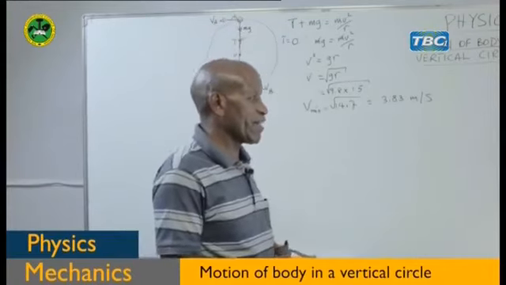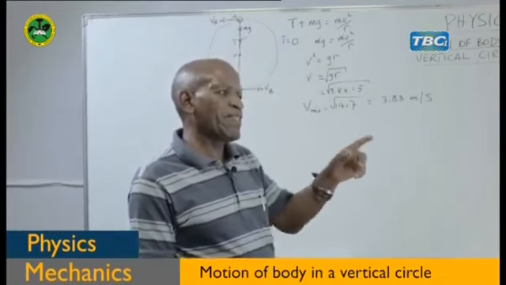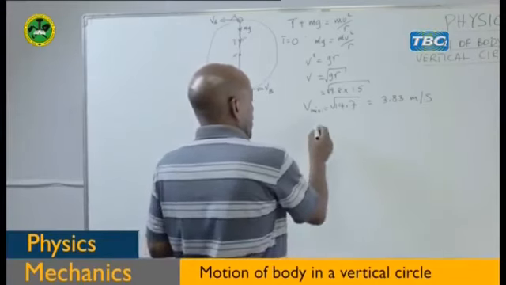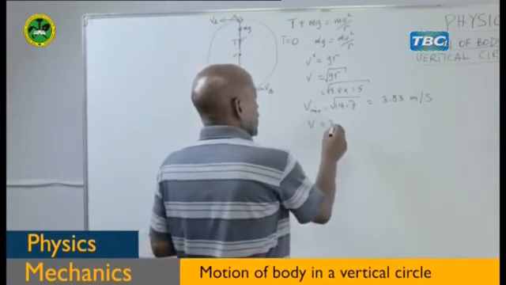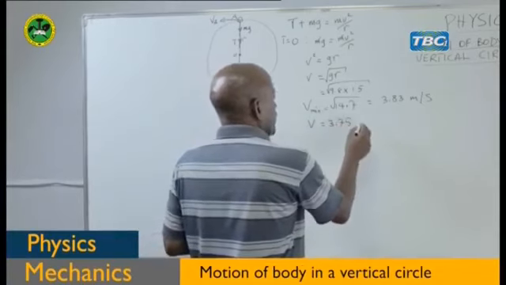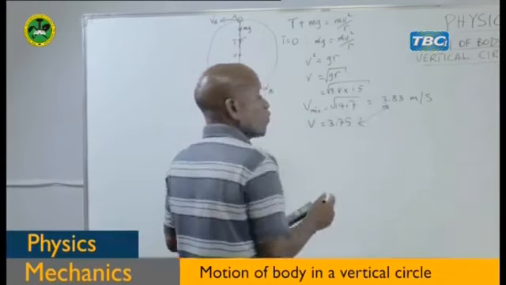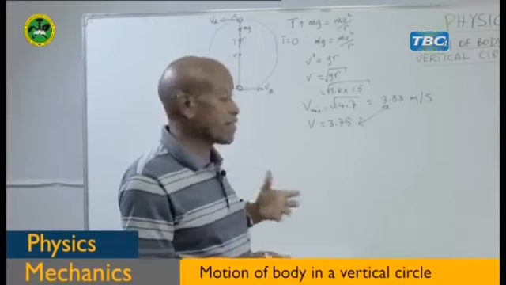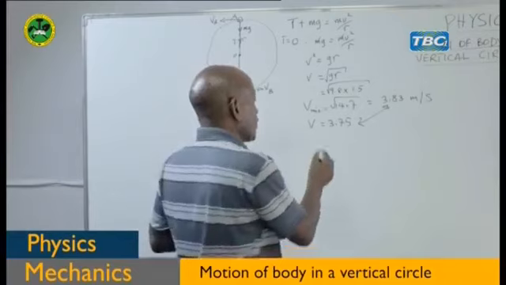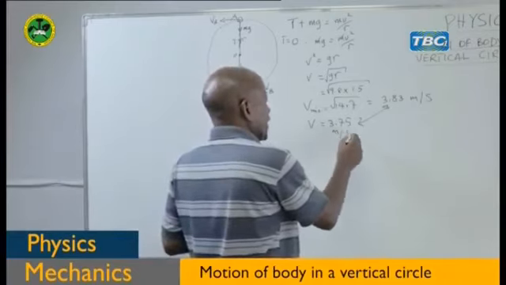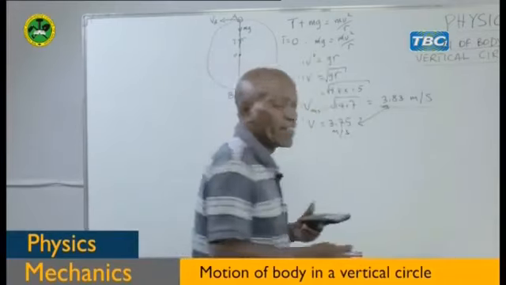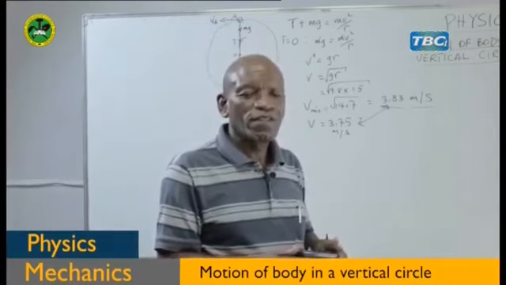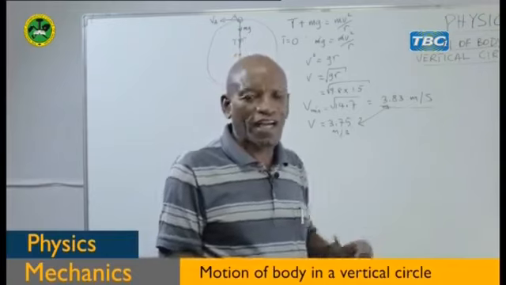But here we are given that the bucket passes at the highest point with a velocity of 3.75. The velocity given there is 3.75. Now you need to compare the velocity the bucket possesses whenever it's passing at the top, which is 3.75 meters per second, and the actual minimum velocity for such a bucket to possess without making the string slack.